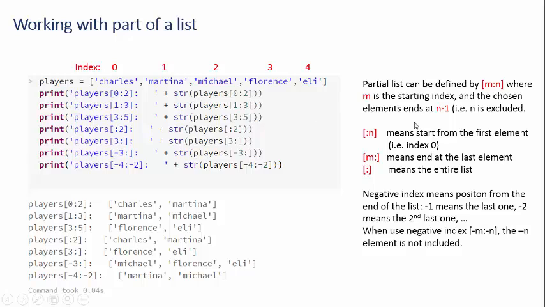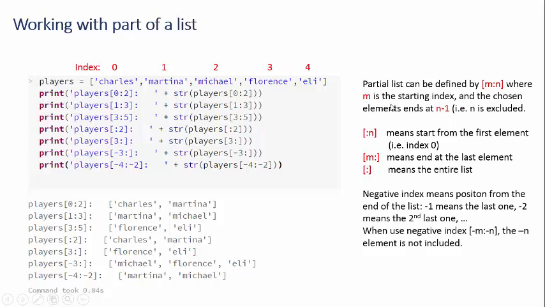For example, there are different ways to indicate the partial list. One way to do that is we have two integer numbers to indicate their indices and a colon in the middle within the square bracket.